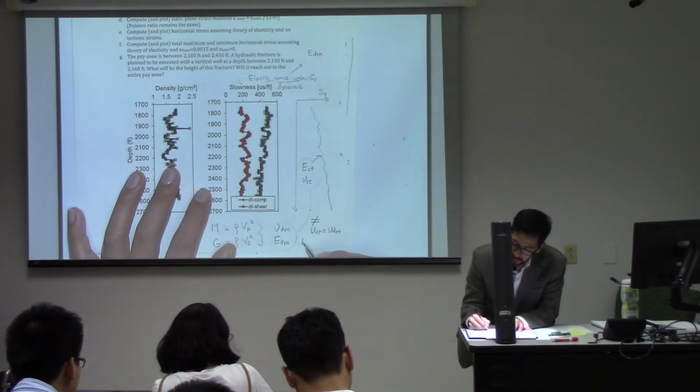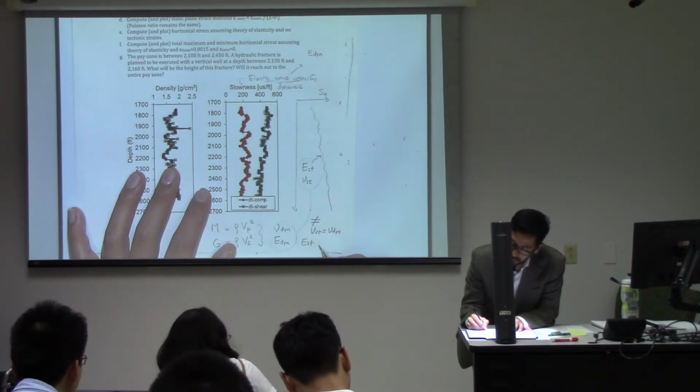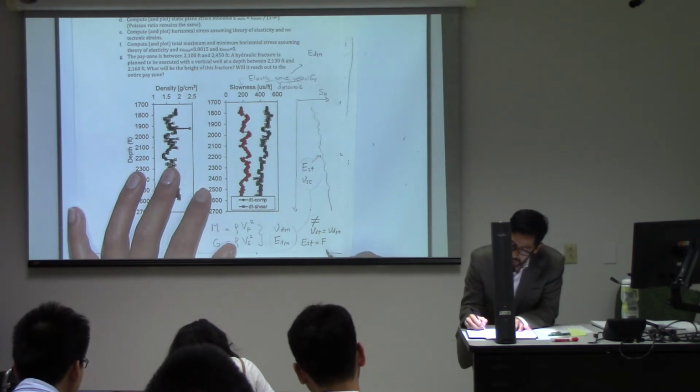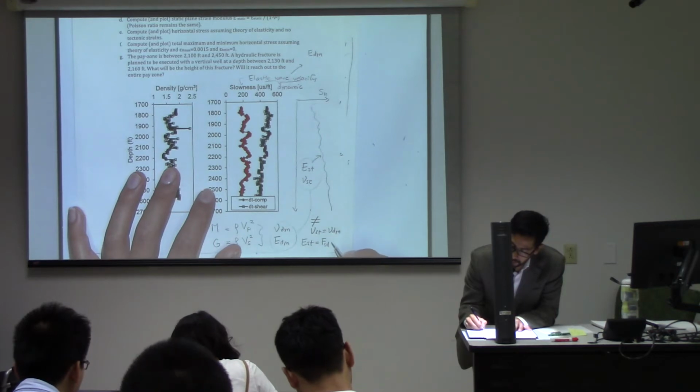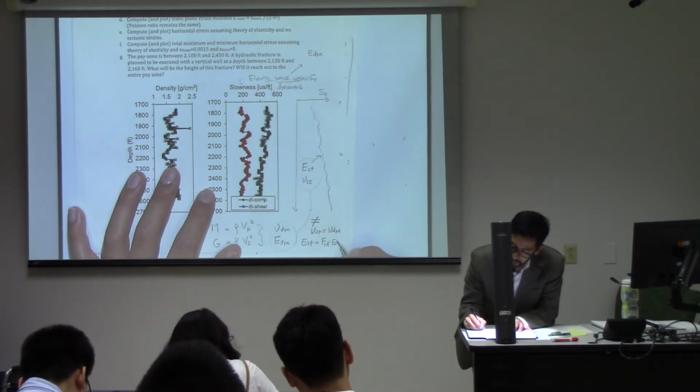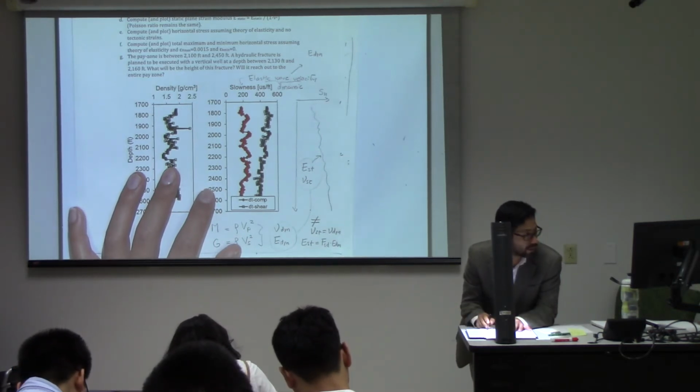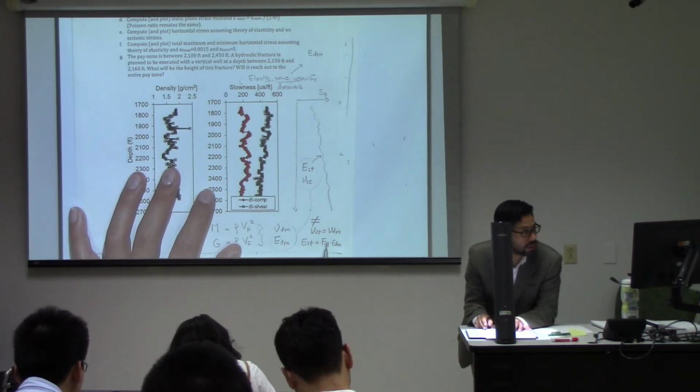And we're going to say that the static modulus is going to be a fraction of the dynamic, sometimes called F or F_SD, static to dynamic, where that's going to be a constant number.